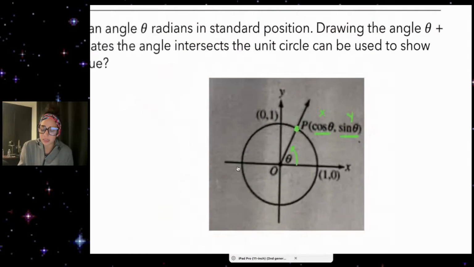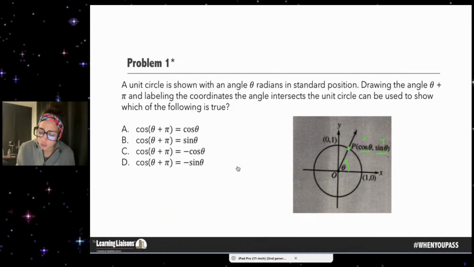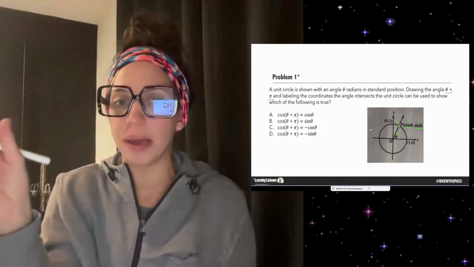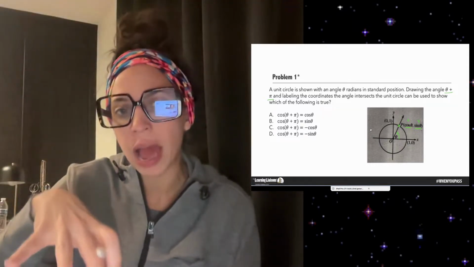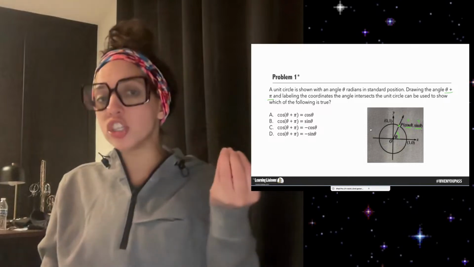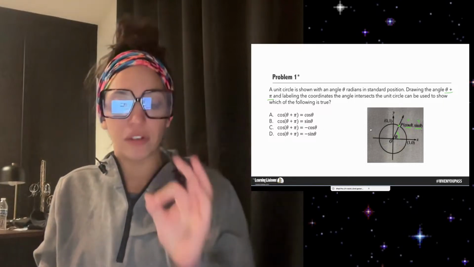What they are asking is, if I draw the angle theta plus pi, so if this is theta right here and I draw the angle theta plus pi and label the coordinates, what is going to be true? What I do notice, and why this is a test taking strategy for everybody, regardless of whether you're taking 6 through 12 or not, this strategy I'm about to tell you is helpful for everybody.